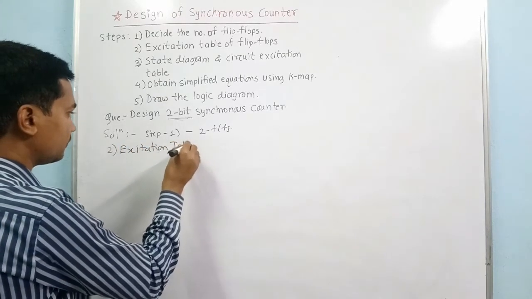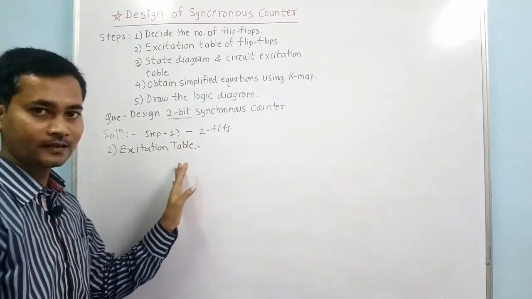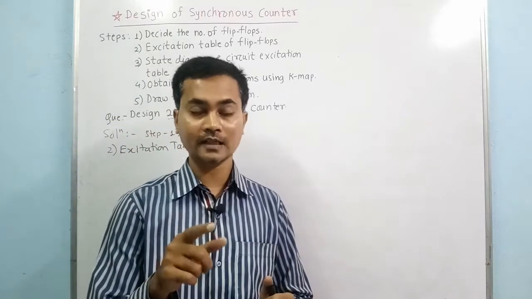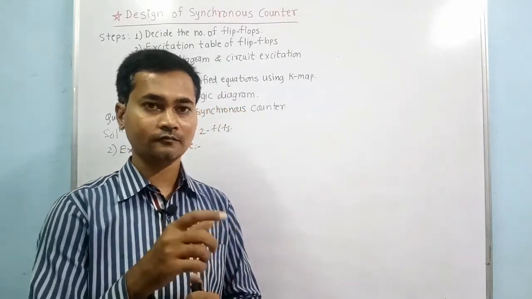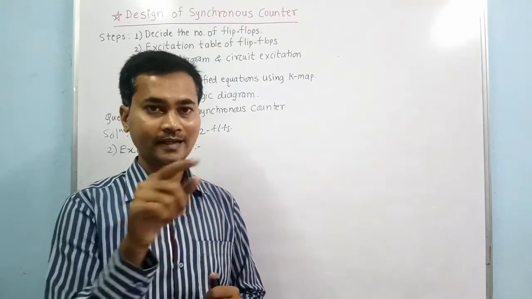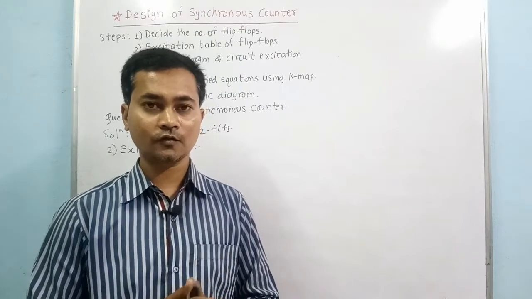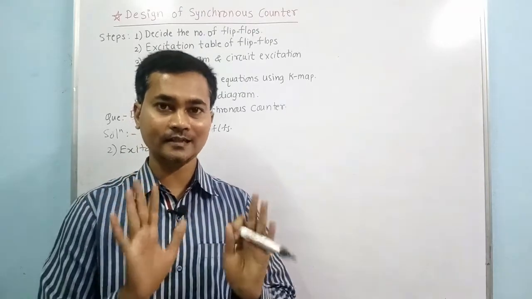What I want to explain here is that we have drawn the JK flip-flop's truth table, right? In that we had J and K as inputs, and Qn and Qn plus 1 as outputs. So we just have to reverse those inputs and outputs. That is called the excitation table.